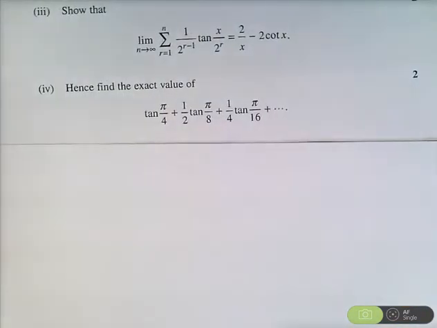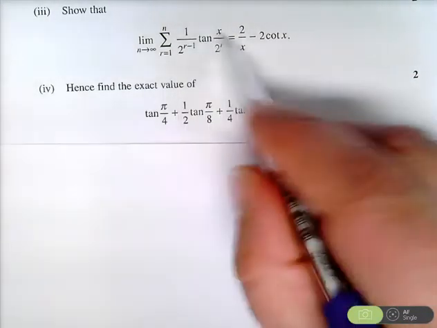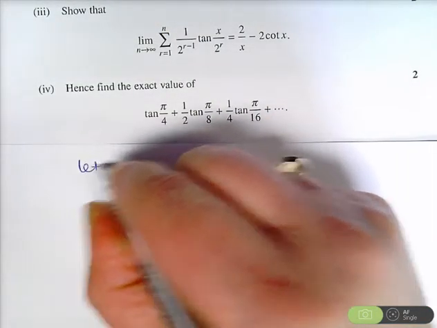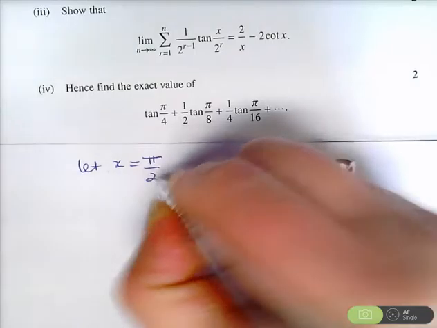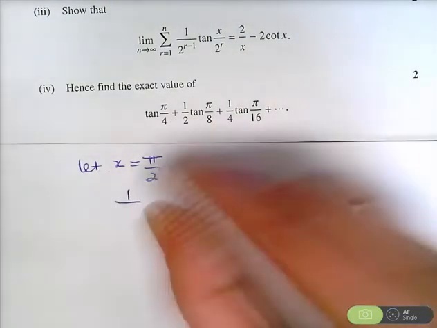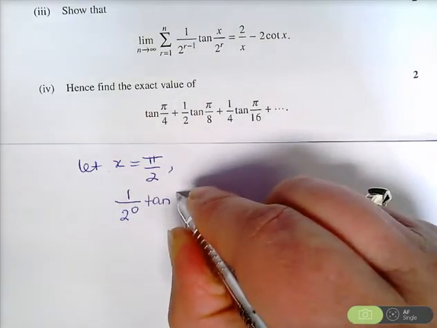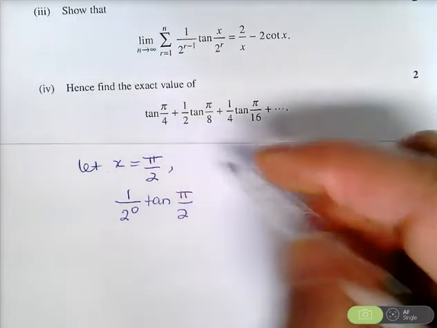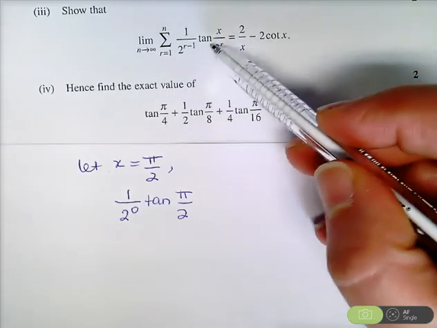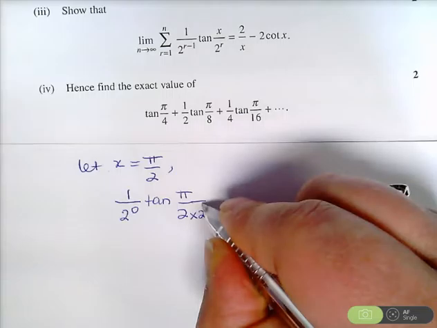Now we have x over 4. If we let x equal pi on 2 for both of these, and also for the third one, then this will start to look like this series here. So if we let x equal pi on 2, then starting with r equals 1, we have 1 over 2 to the power of 0 times tan of pi on 2 times a half.